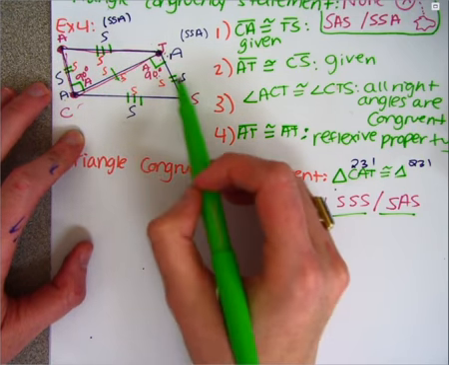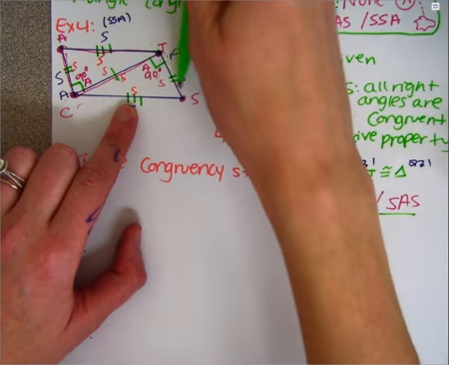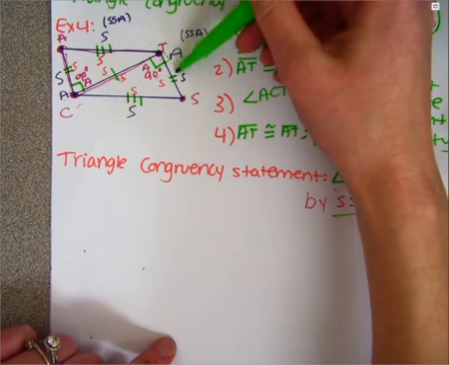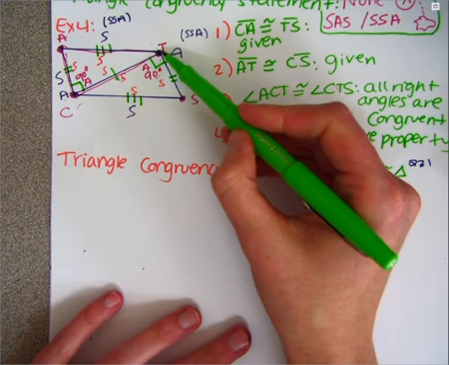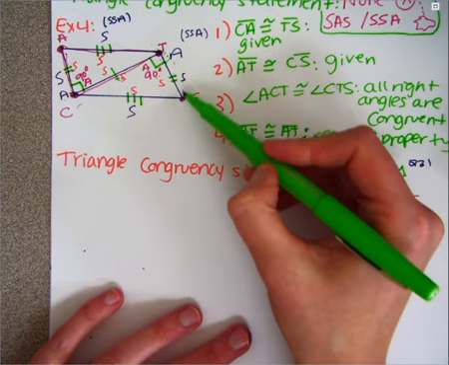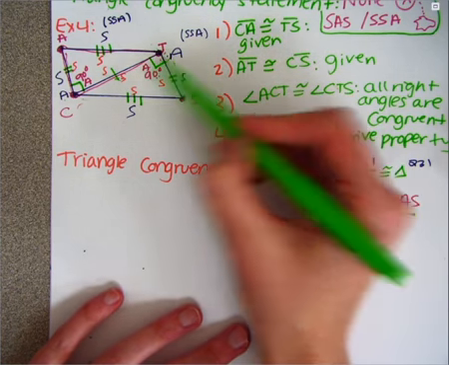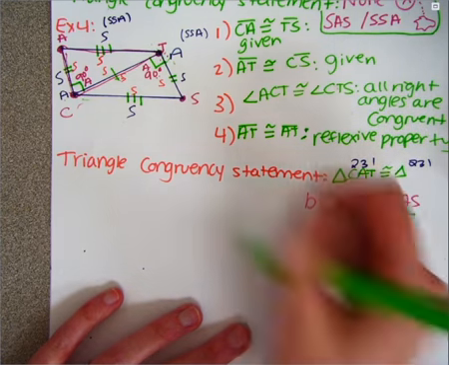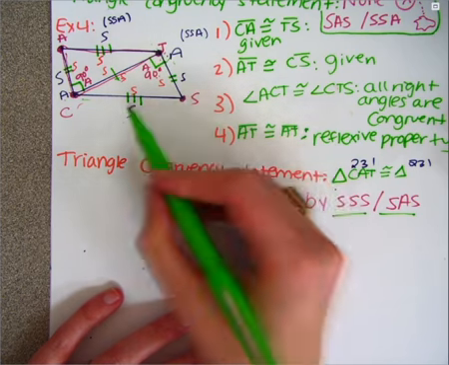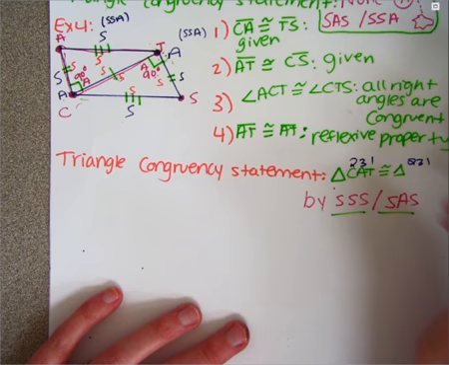So I see a 2, I see a 3, so I think I need to head this way. If I see 2 here and then 3 here, I probably need to go this way. So I'm going to go TSC, let's see, 2, 3, 1. That's what I want. So there we go. So this is going to be triangle TSC.